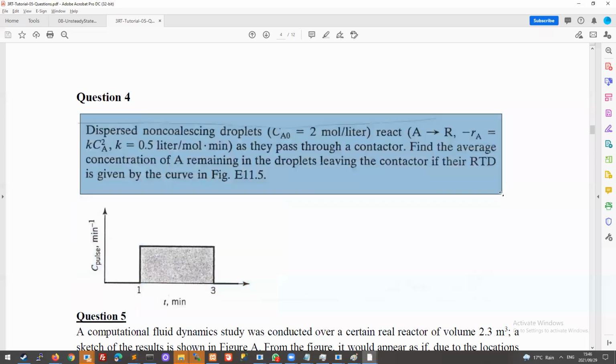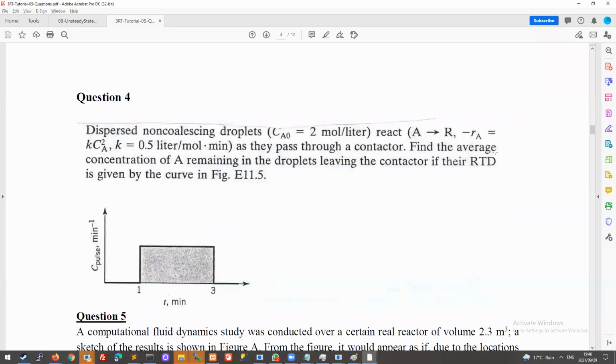V and Q are not given. So yes, you can get the space time, but you can't use that to get the rest. So you can get tau at least. We can say that much, but we don't know what to do with that tau in this problem.